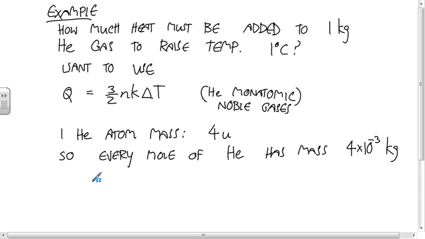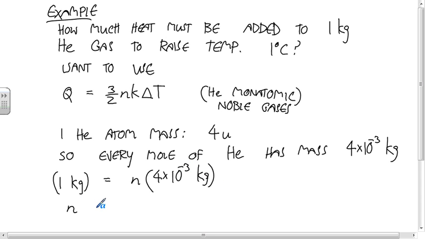And so 1 kilogram is equal to the number of moles times 4 times 10 to the minus third kilograms. So the number of moles is 250.